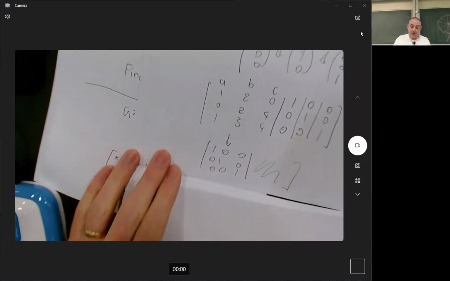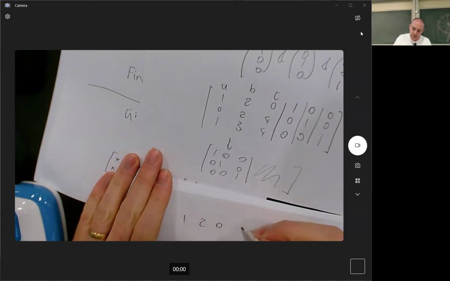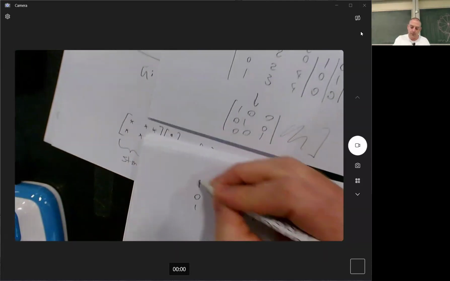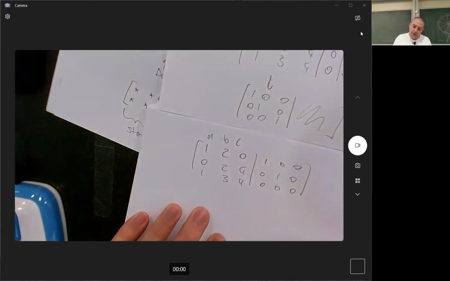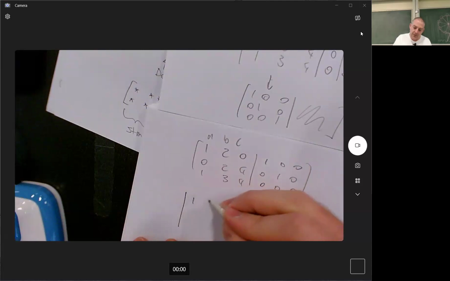I will show you because I just really need to make sure it works. So 1, 2, 0, 1, 0, 0, 0, 2, 4, 0, 0. So I'm going to do row 3 minus row 1, and that will get me an extra 0 there.